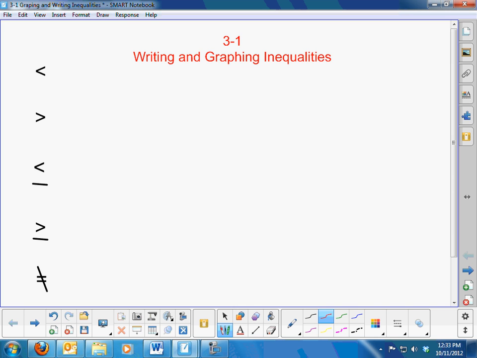So if you look at the screen, the first inequality that you see is the inequality less than. Okay, so you need to know when you see that symbol that that means less than. Okay, what's the next one? The next one is greater than. Now, if we look at the next one, you might ask, how is the third one different than the first one?